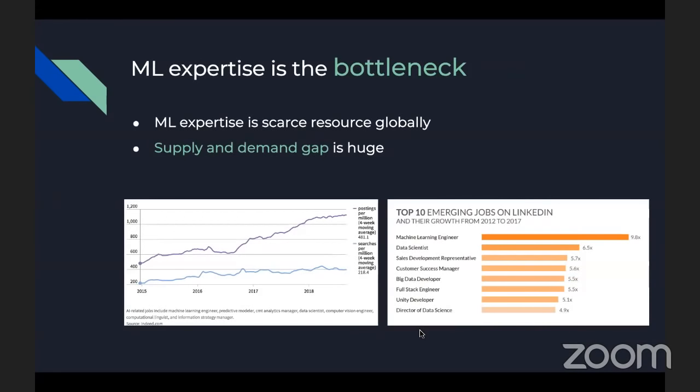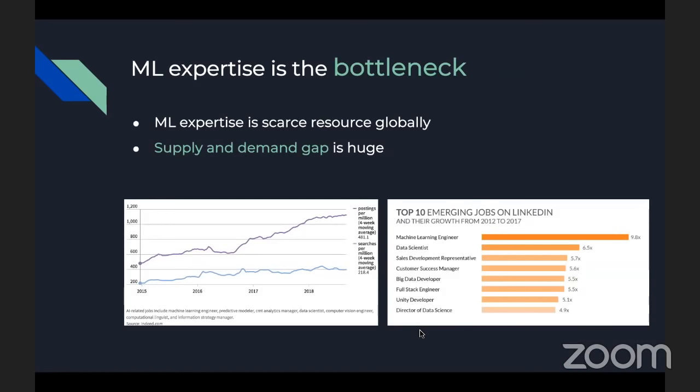So then we think that the bottleneck is actually machine learning expertise. Machine learning expertise is a scarce resource globally, and the supply and demand gap is huge.